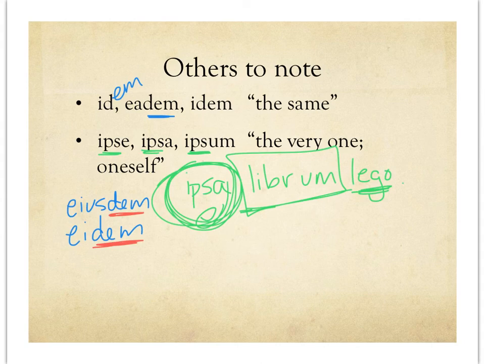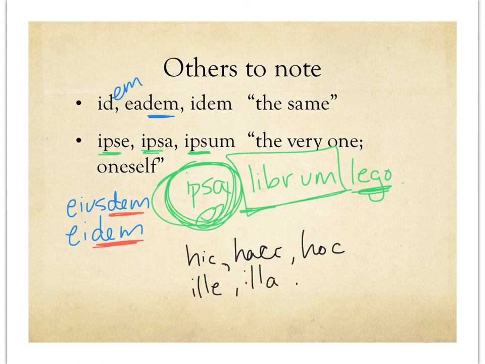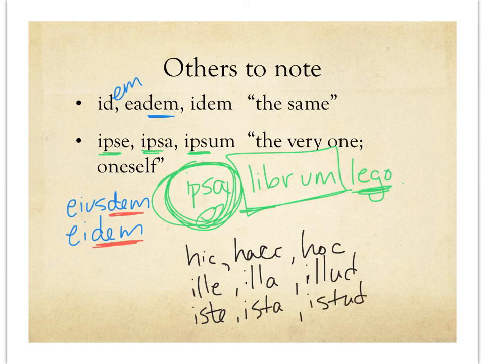So just to review, we have these forms hic, haec, hoc, that means this, or in the plural these; ille, illa, illud, that means that over there, or that famous one; iste, ista, istud, which means that, or that scandalous, that horrible, that awful.